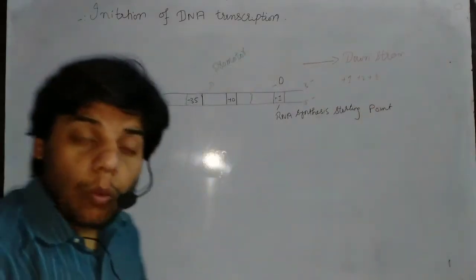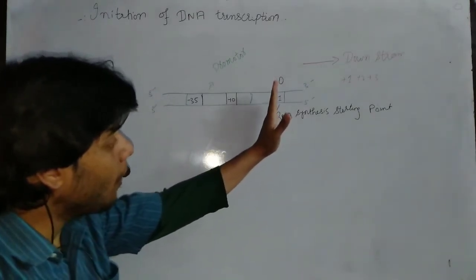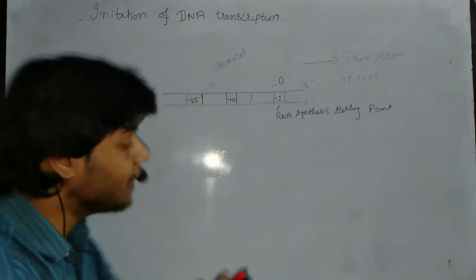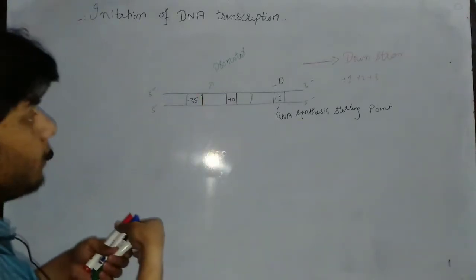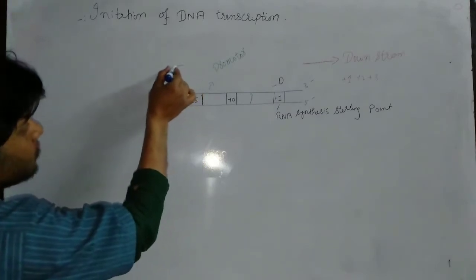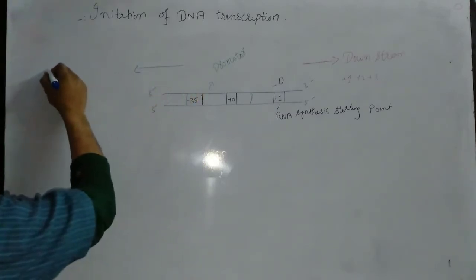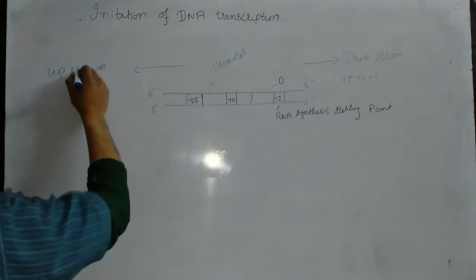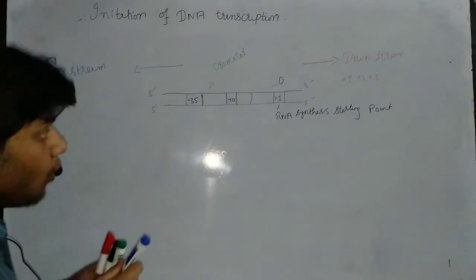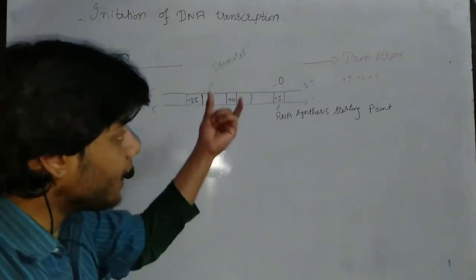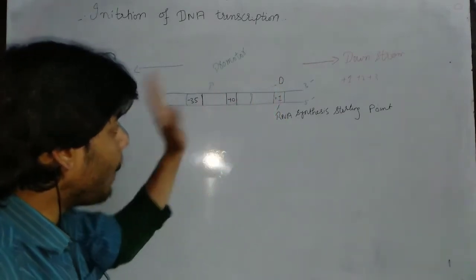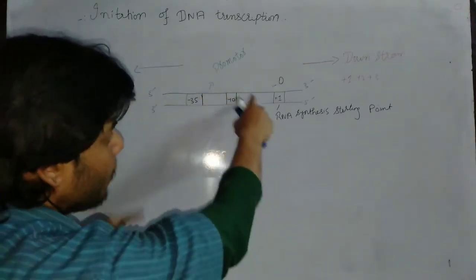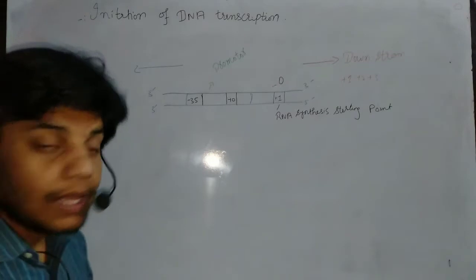And the sequences which are present before +1, at the left side, we call upstream elements or upstream sequences. Remember, the promoter is always present in the upstream area of the DNA. As you can see, this area is called the promoter, so it will always be present upstream.